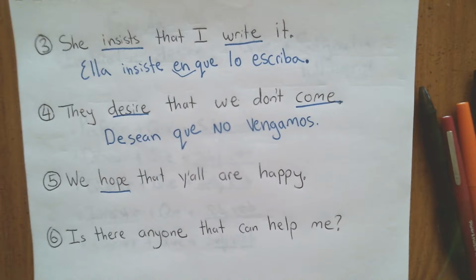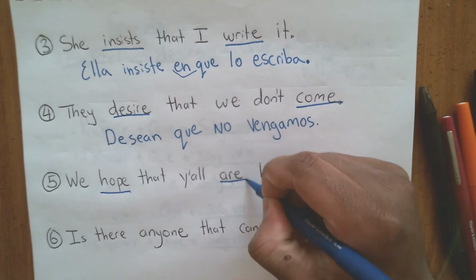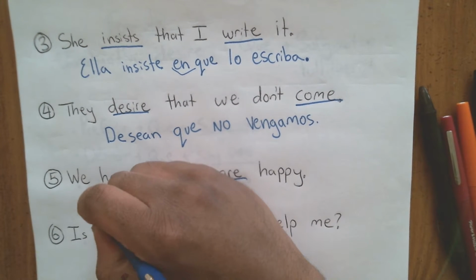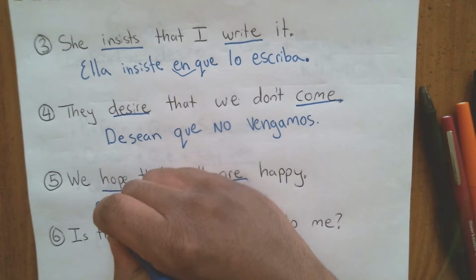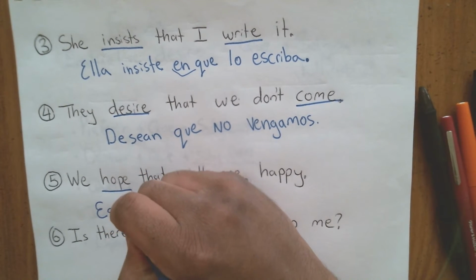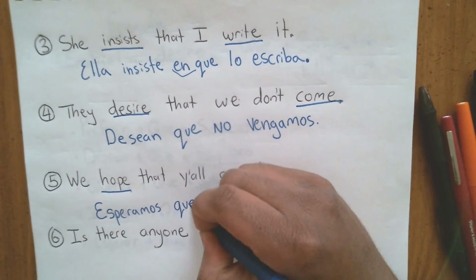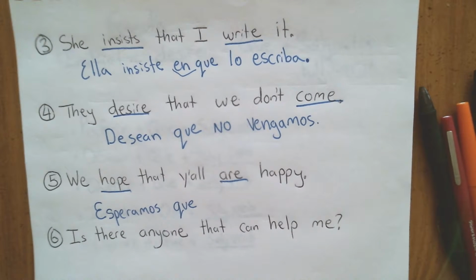Now, what is the verb that would fulfill that desire? Right here. Are happy. So how do you say we hope? It's just the regular indicative form. Esperamos que. And now we have to conjugate the verb are in the subjunctive form.